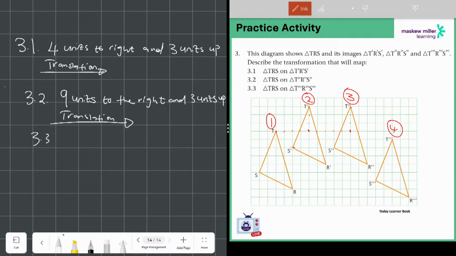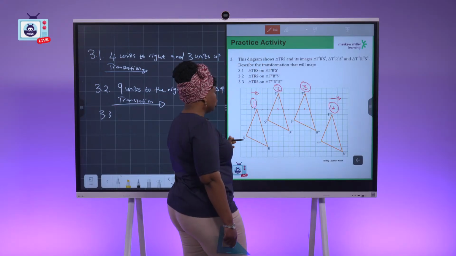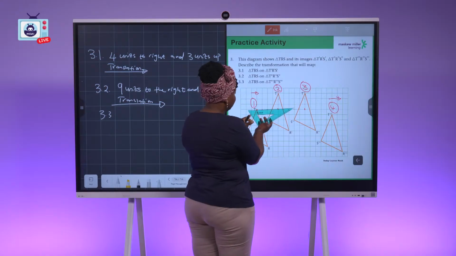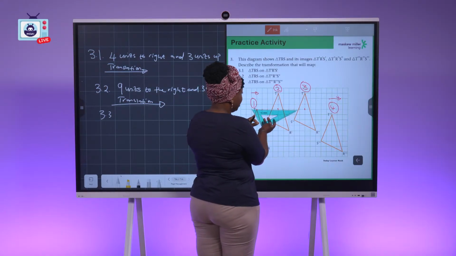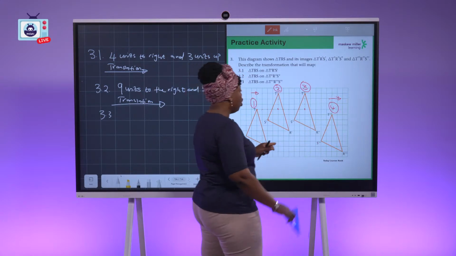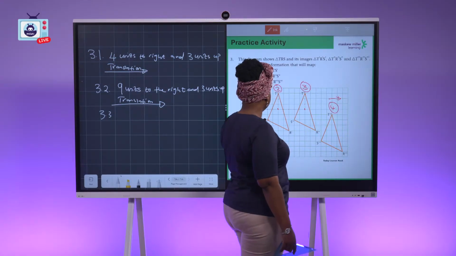Okay, so let's see what happened between the first one, which is this part, up until it ended up on 4. What happened there? If you put a ruler from the T that you had on the first one and you go to the other one, which is far right, the number 4, you can see that it actually moved 1 unit down for some reason. So let's count.